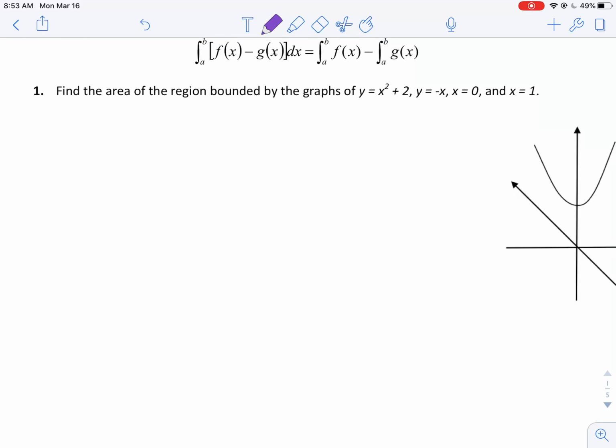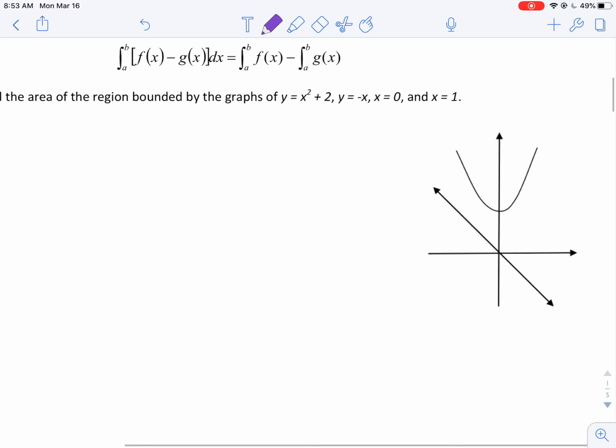Example 1 says find the area of the region bounded by the graphs of y equals x squared plus 2, y equals negative x, x equals 0, and x equals 1. y equals x squared plus 2 is my quadratic, so it's this top function. y equals negative x is my linear function, and x equals 0 and x equals 1 are vertical lines, so that gives us our bounds essentially.